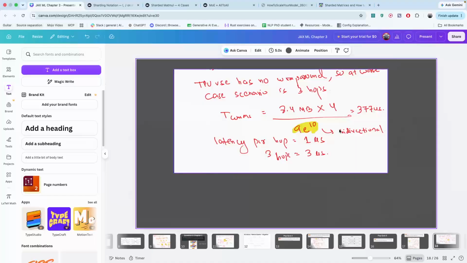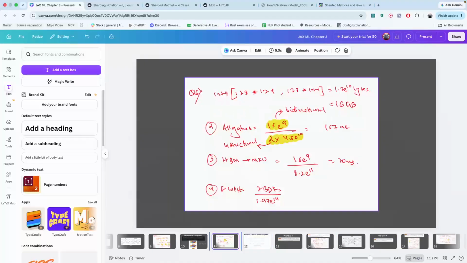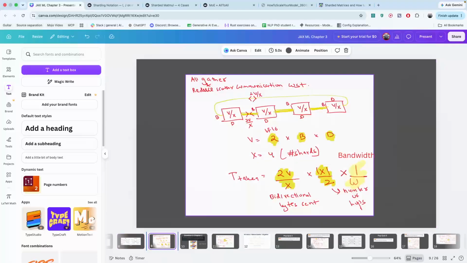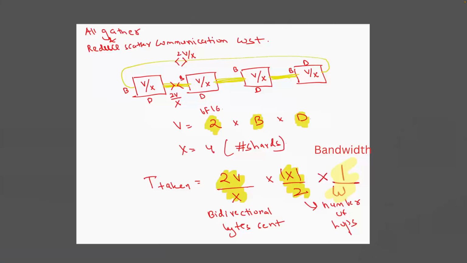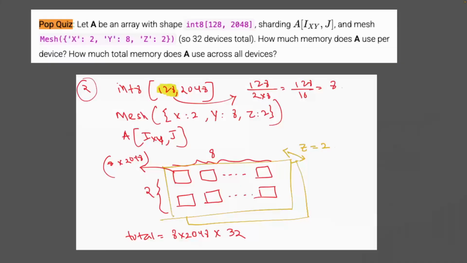Sorry, I got confused a little bit. As we discussed in all gather, if I go back, the total time taken is V divided by W. V is the total size of the array, not the size of the array in one device, but the size of the array across all the devices.